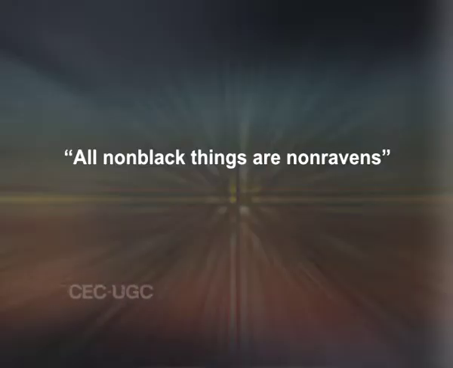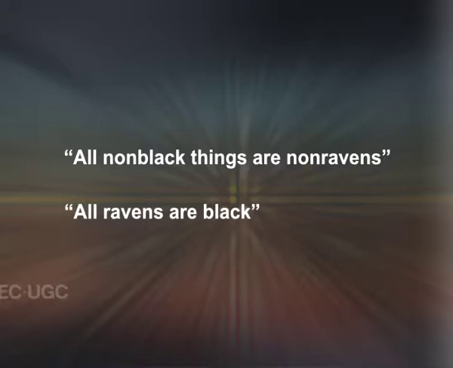He holds that any evidence confirming an equivalent statement also confirms the original statement. Thus, to find an object that is not a raven and is not black provides confirming evidence to the hypothesis all non-black things are non-ravens, and to its equivalent hypothesis all ravens are black.